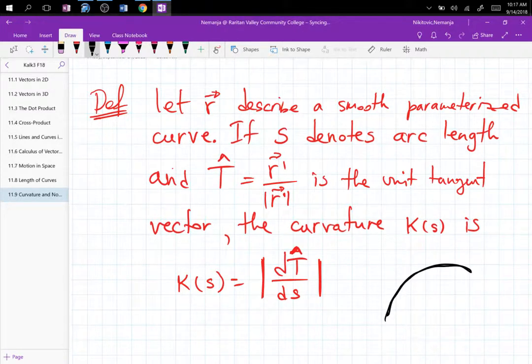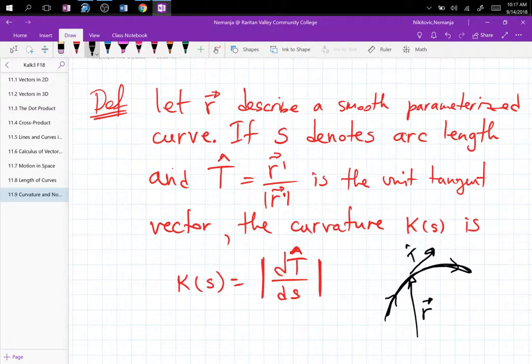So if you have some curve which is described through the vector r, and you have your unit tangent vector because the motion, let's say, is this way, the curvature K of s is the amount of how quickly it bends.